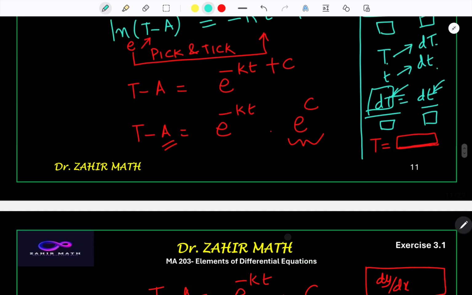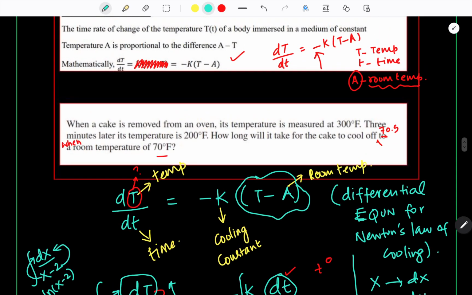Now let's go back to the question and take all the details. When a cake is removed from an oven, its temperature is measured at 300 degrees Fahrenheit. It means when t is equal to 0, capital T is equal to 300. Capital T for temperature.